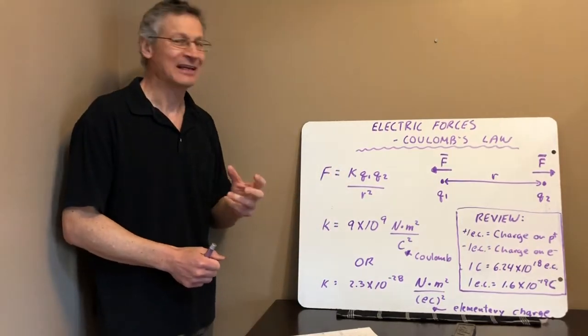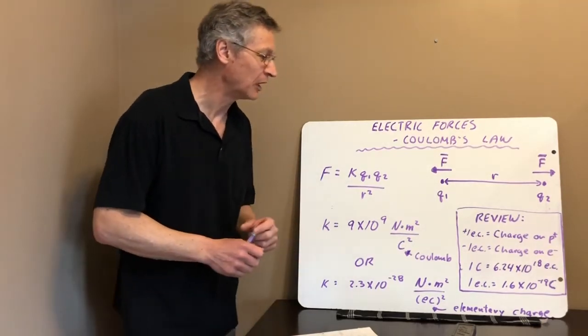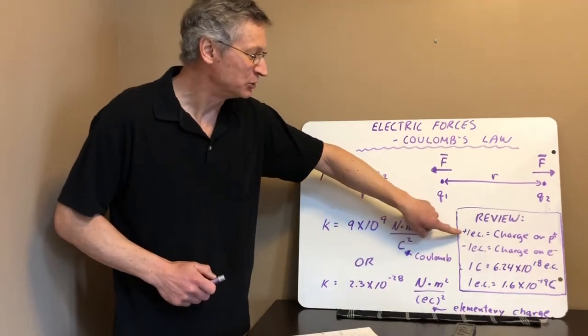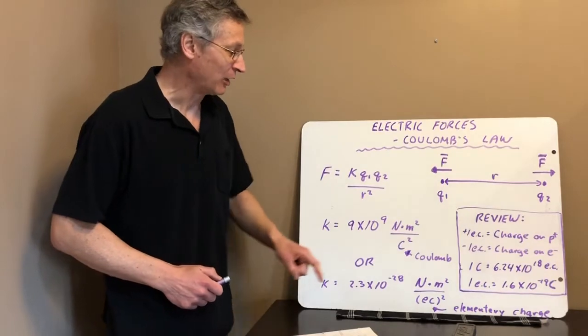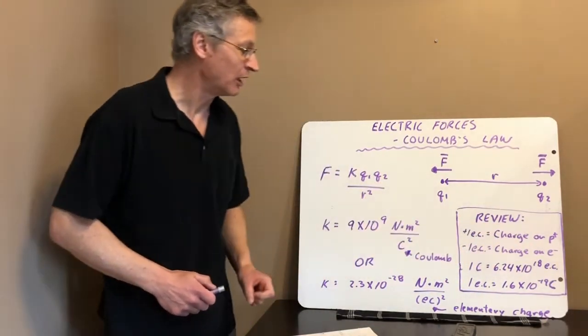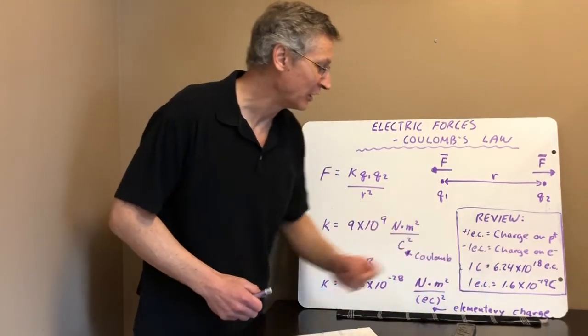First of all, let's do a little bit of review with regards to units. You'll remember that one elementary charge is the charge on a proton. Positive one elementary charge would be the charge on a proton. Negative one elementary charge is the charge on an electron.